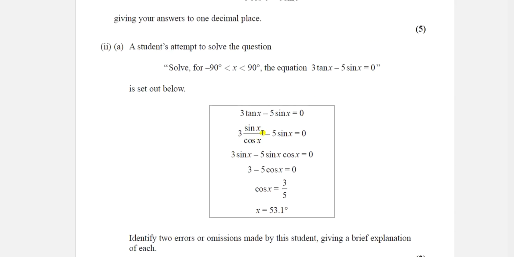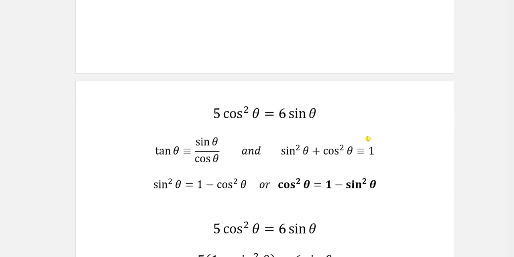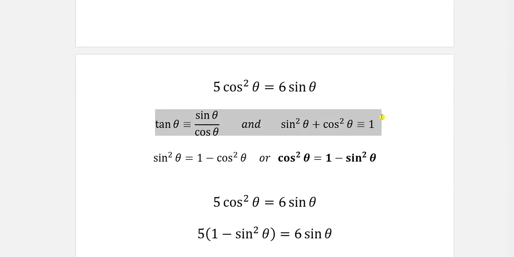The first thing they've done, if you look carefully, the only thing that's changed is tan x has changed into sin x over cos x. Not only is this not an error, this is the optimal thing to do with an equation like this. Remember, we mentioned there are a couple of identities that you get in AS maths or year 12 A-level maths, and one of them is tan theta equals sin theta over cos theta.